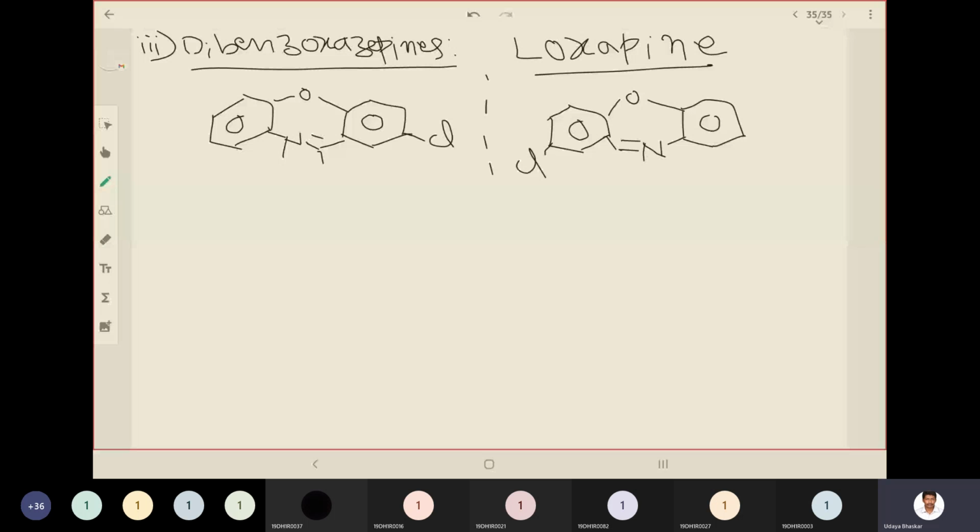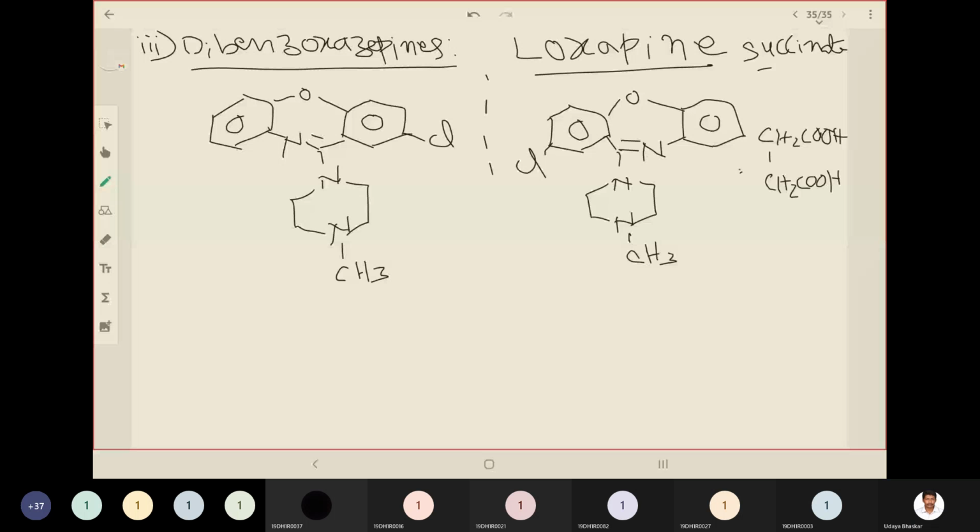So how does succinate look? CH2, CH2, COOH, COOH. So this is loxapine succinate.